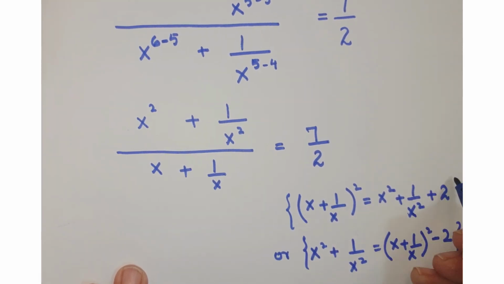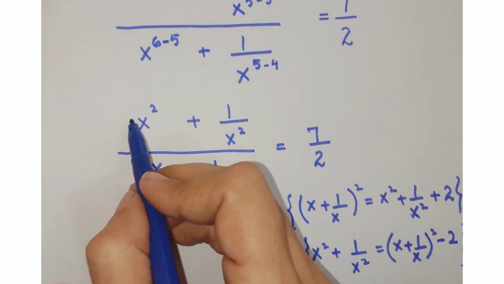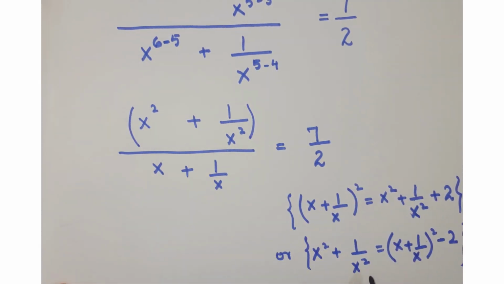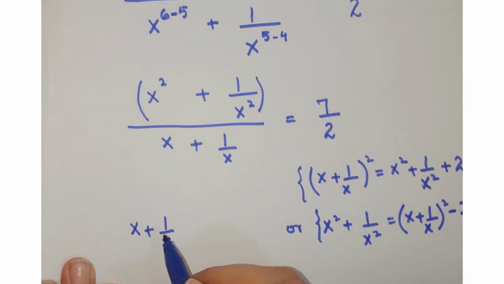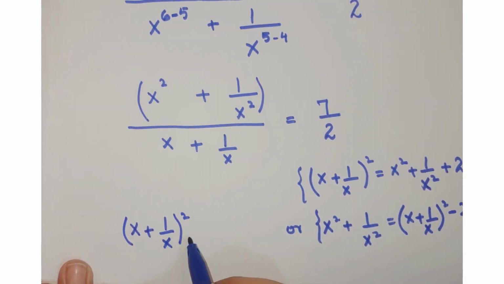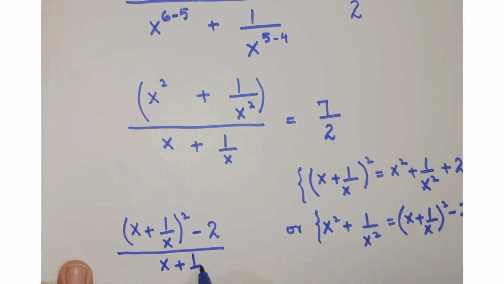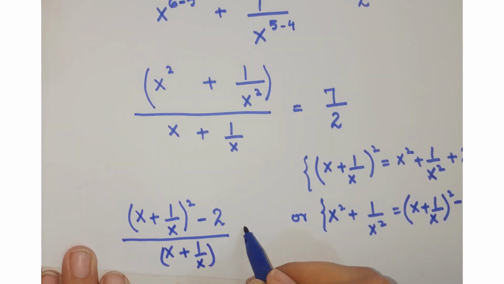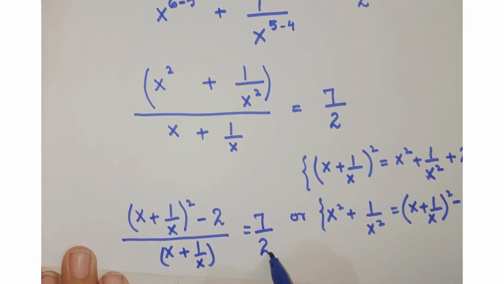So these are the two equivalencies. We will replace x square plus 1 upon x square with (x plus 1 upon x) whole square minus 2, upon x plus 1 upon x, is equal to 7 upon 2.